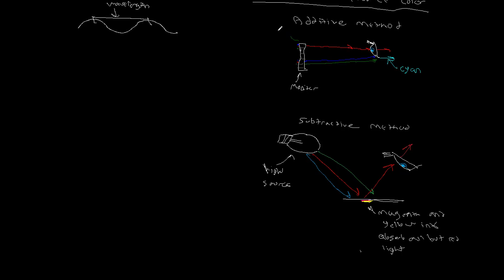The last thing I want to talk about is white and black. For the additive color method, white light happens when all wavelengths are being emitted.